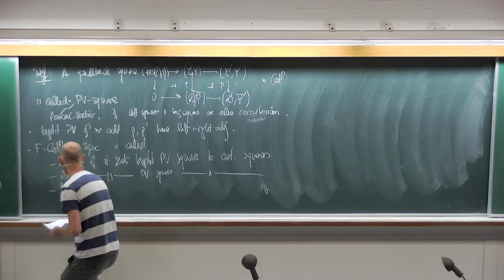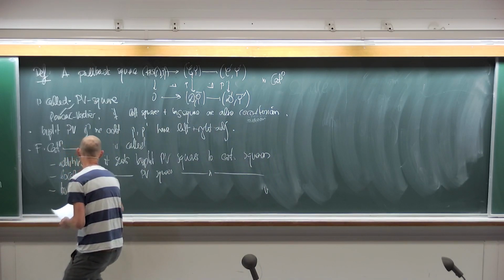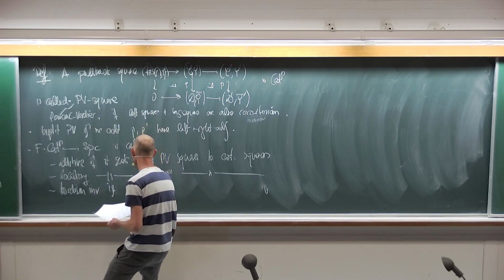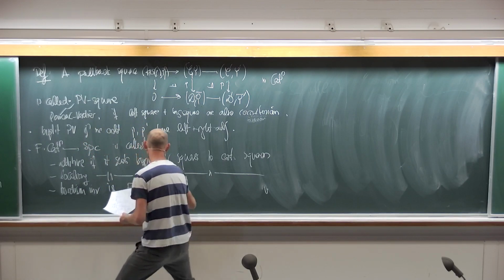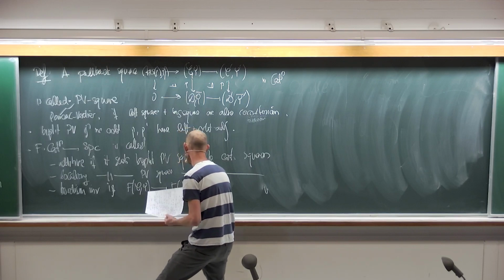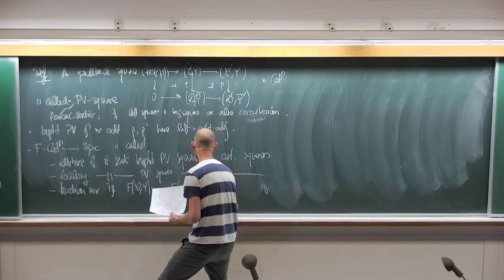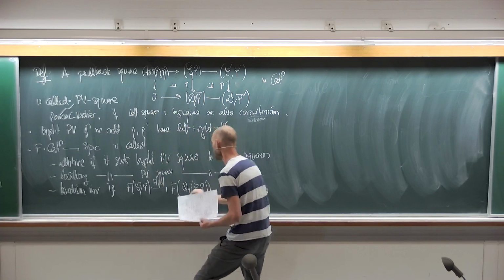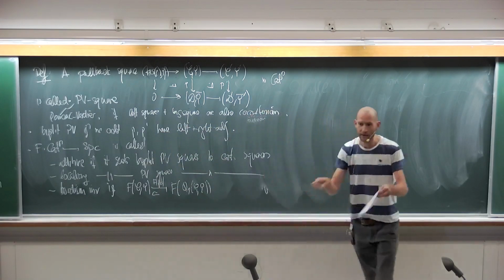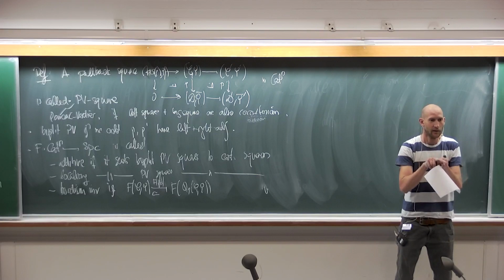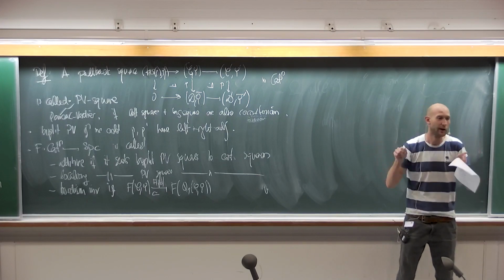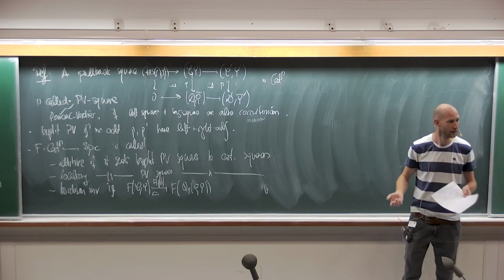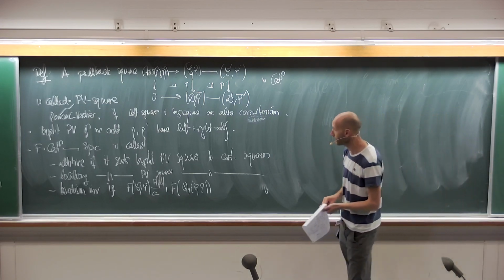I'll call a functor bordism invariant if F of C, Q mapping to F of Q1 C, Q, which is given by F of the cylinder construction, is an isomorphism. That means whenever I have a functorial cobordism between two functors, then I want the two functors to induce the same map on F of C. That's this definition.